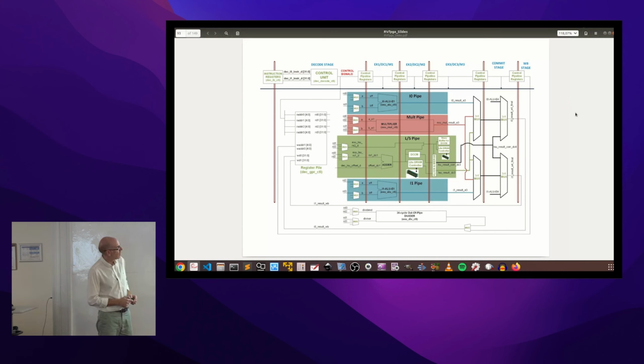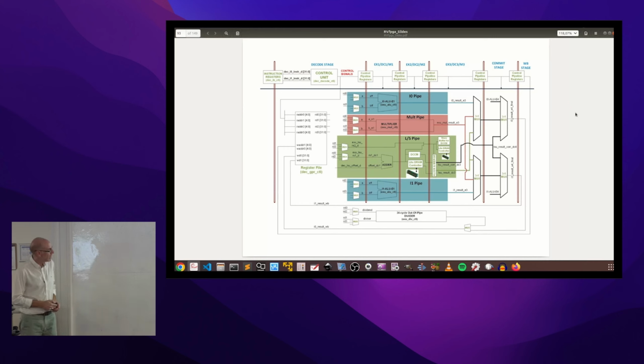After the 3rd execution stage, the result is selected and propagated through the commit stage to the write-back stage, which writes the result in the register file. Note that there is also a divider out of the pipeline, because it's not pipelined, it takes 34 cycles. So when a division is executed, the pipeline is stalled until the end of the division. Okay?